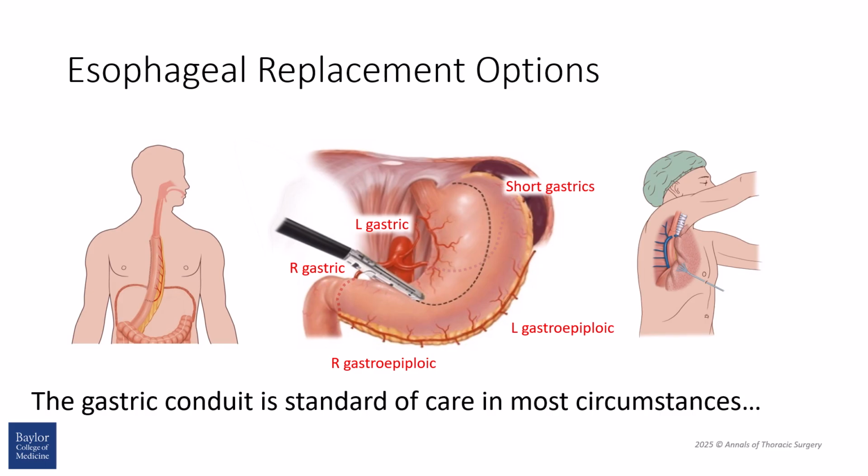Again, want to emphasize to all members that the gastric conduit is the standard of care in almost all circumstances. It's important to completely understand the blood supply to the stomach.